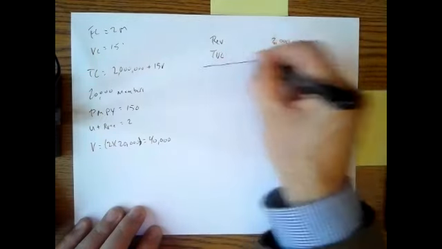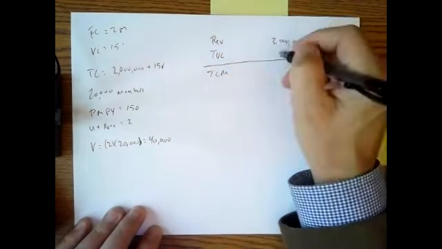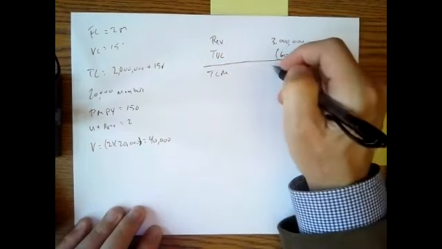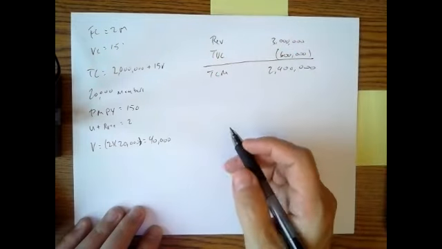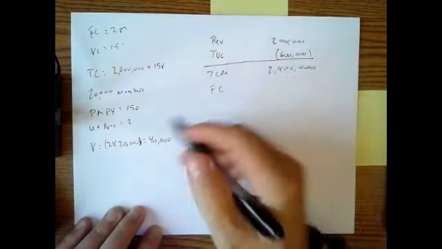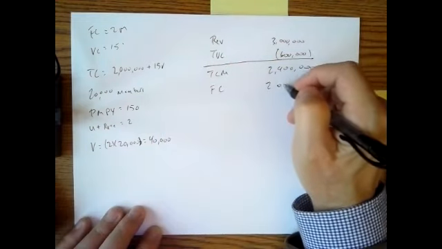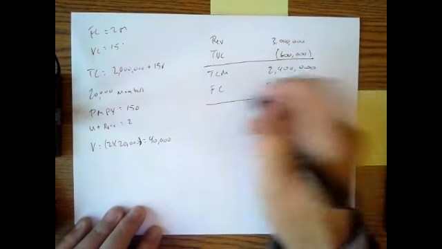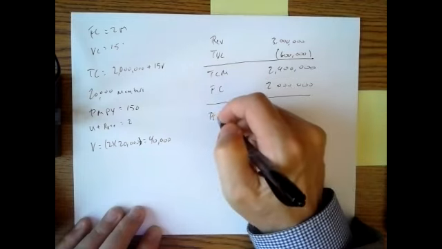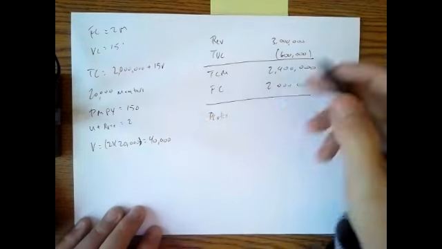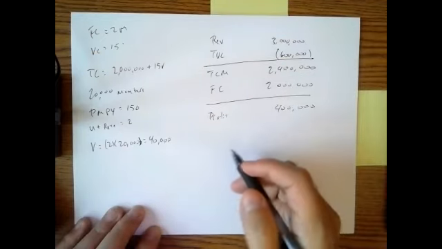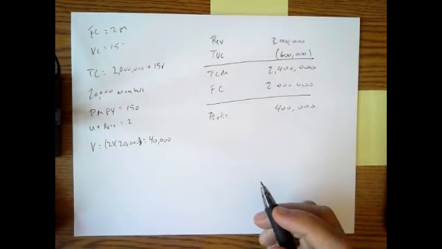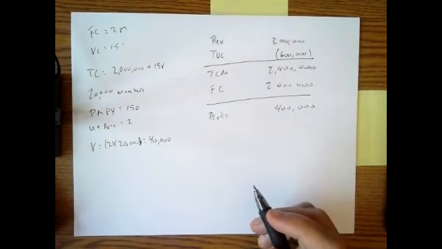Our total contribution margin is 3 million minus 600,000, or 2.4 million. Then our fixed costs are given as 2 million. So our profit at this 20,000 member level is $400,000.